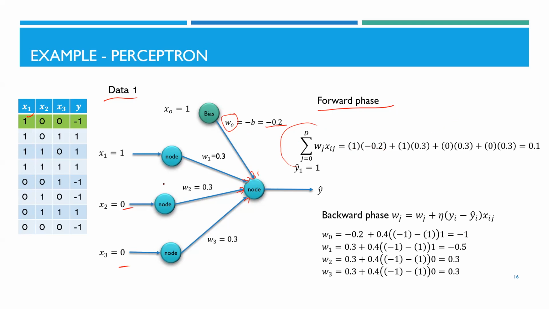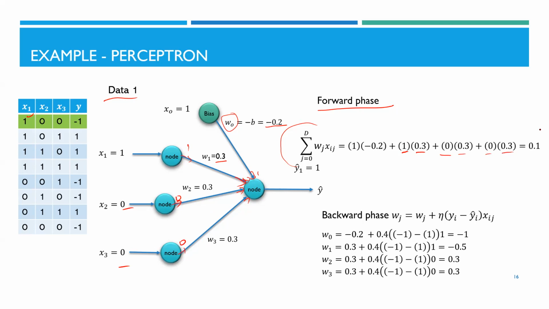And then for the first input, the input is 1, so it is 1 times the weight 0.3, plus the second input 0 times 0.3, and the third input 0 times 0.3.